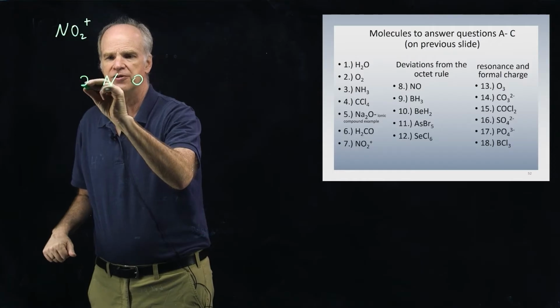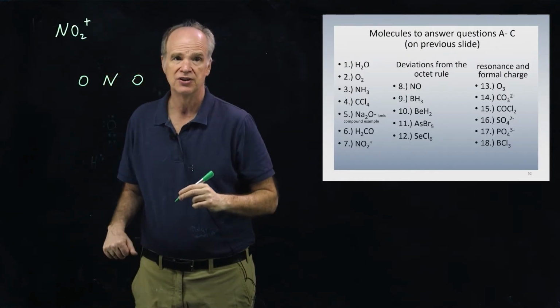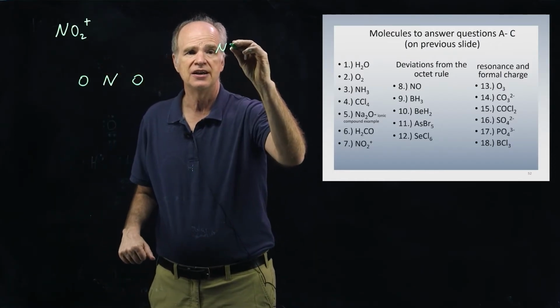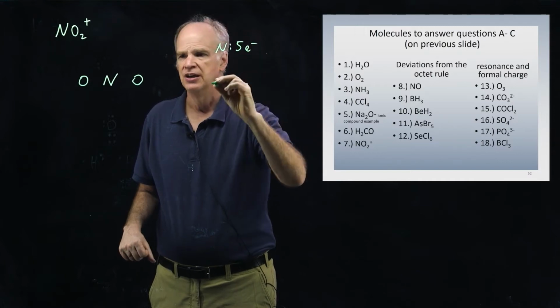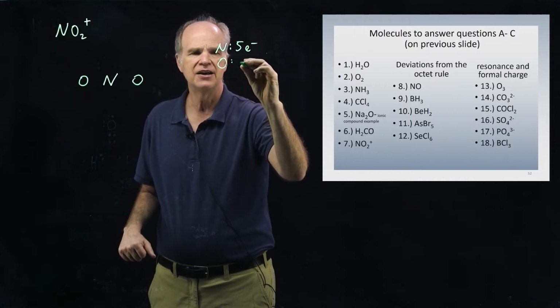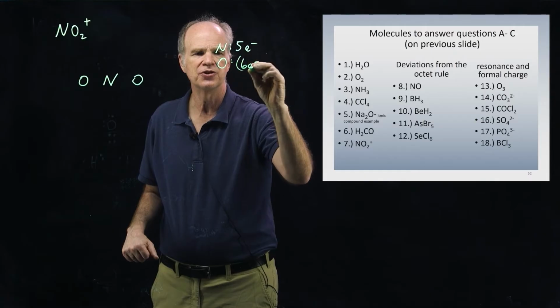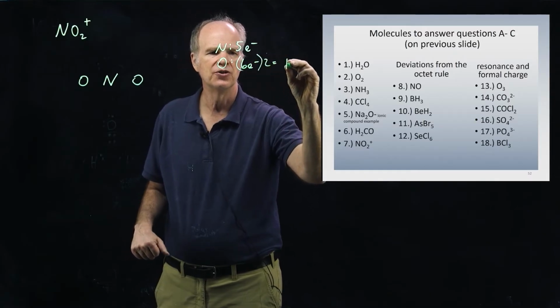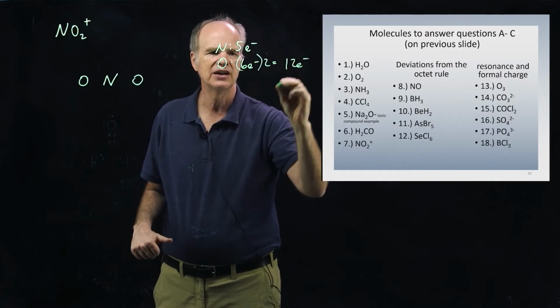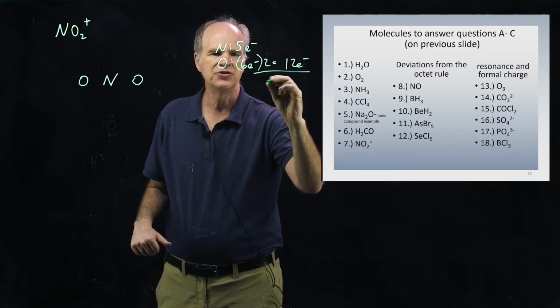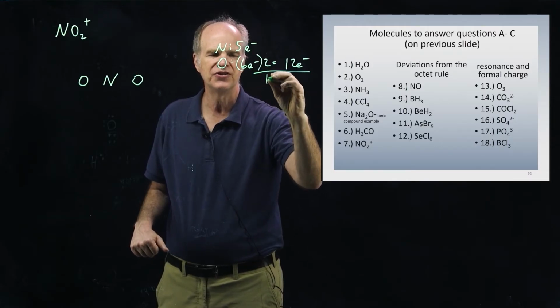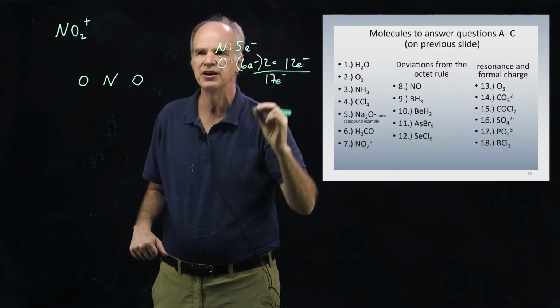Oxygen is on the periphery. Let's do a valence electron count. Nitrogen has 5 electrons. Oxygen has 6, but there are 2 of them, for a total of 12. So right now we have 17 electrons.